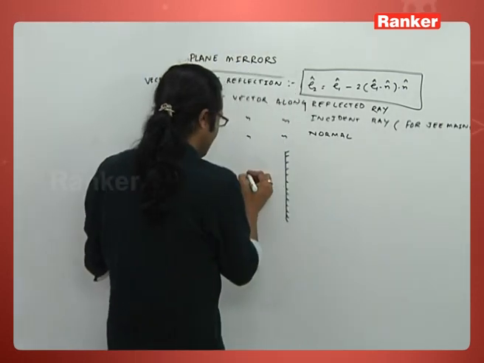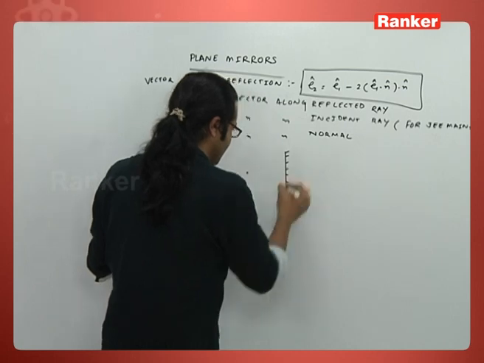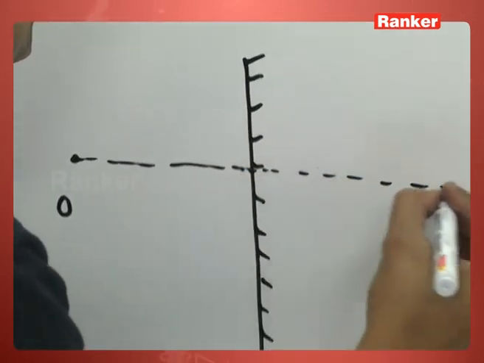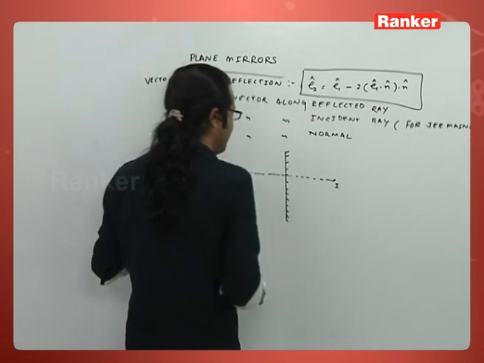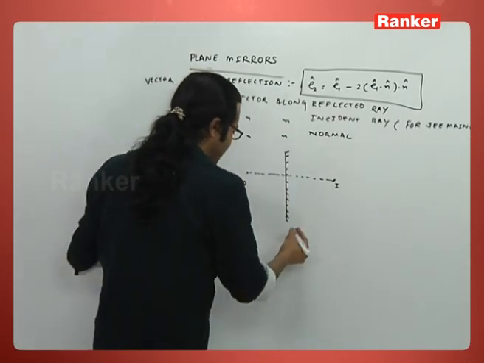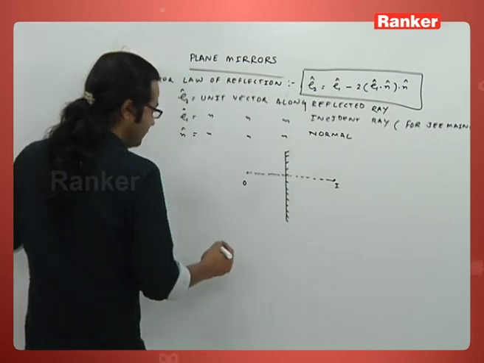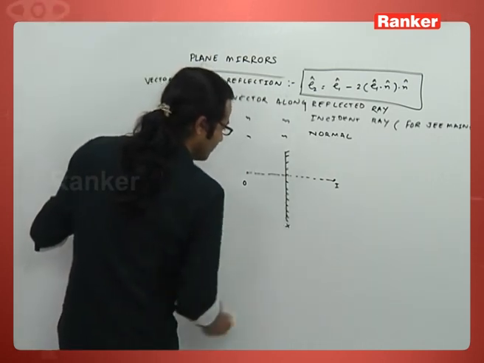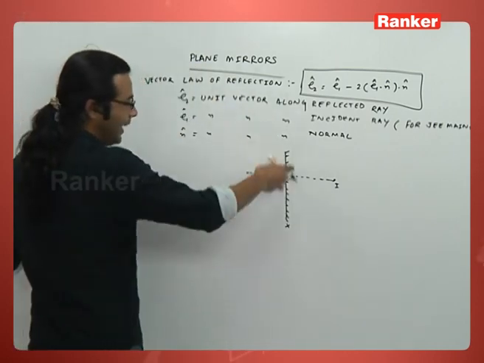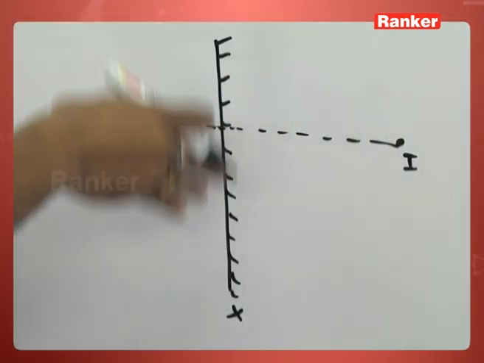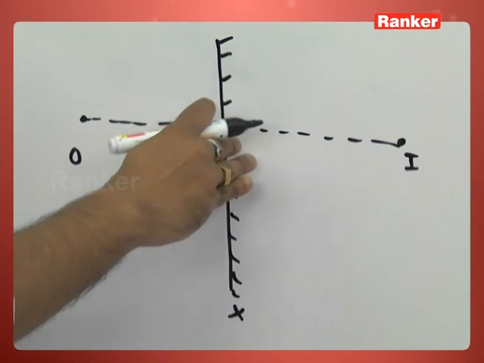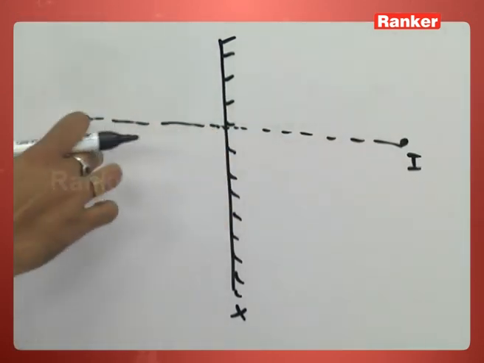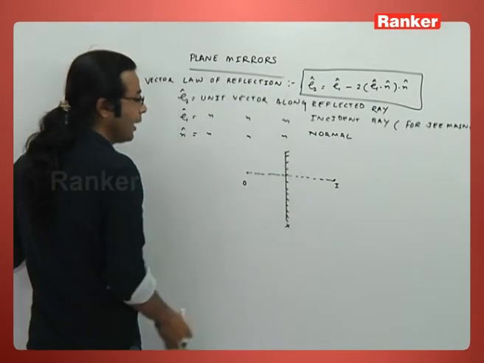So if this is object and this is image, let us say I take this as the origin, obviously this distance, if I measure, it will be positive, and this distance will be negative.